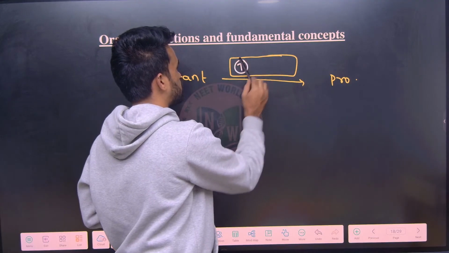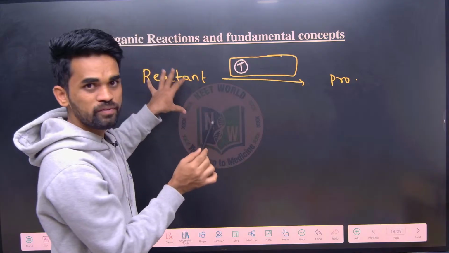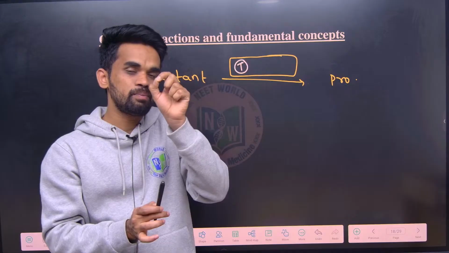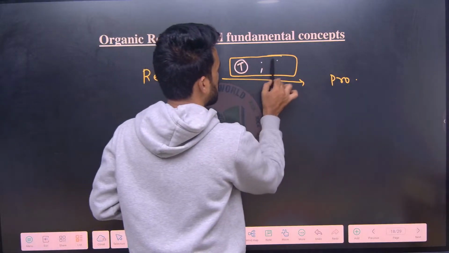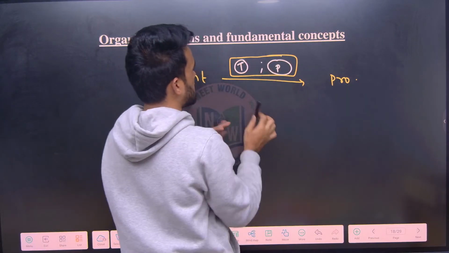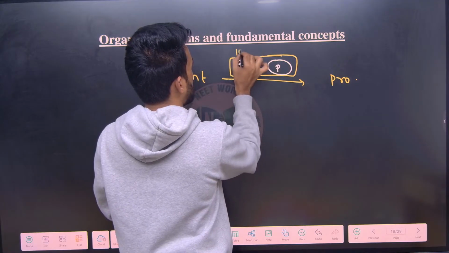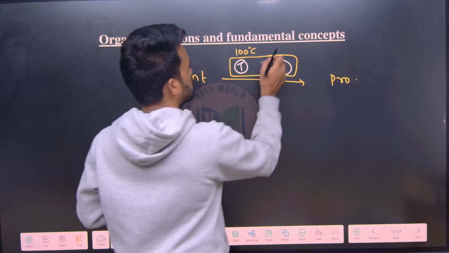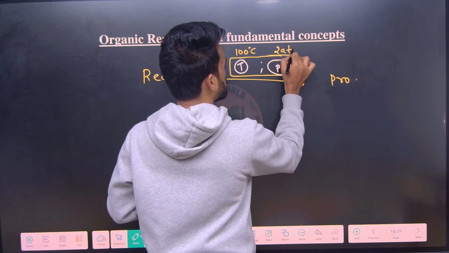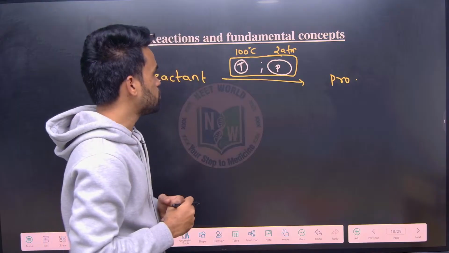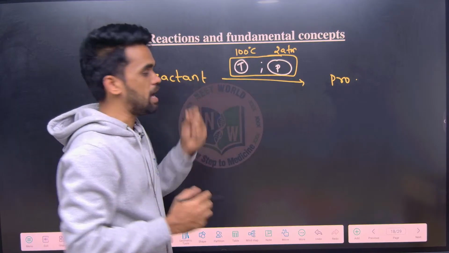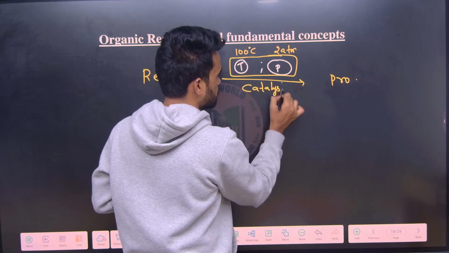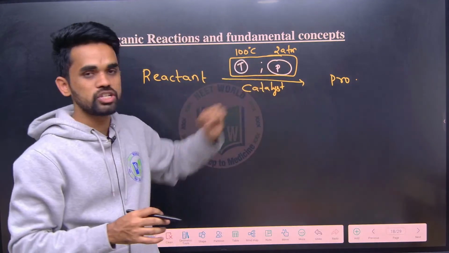Sometimes some reactions require particular pressures also, you can write that pressure also here. For example, this reaction is taking place at 100 degrees Celsius, and this reaction required some 2 atm atmospheric pressure. And this particular reaction required some catalyst, you mention the name of that catalyst over here. Like this, reaction conditions are mentioned.